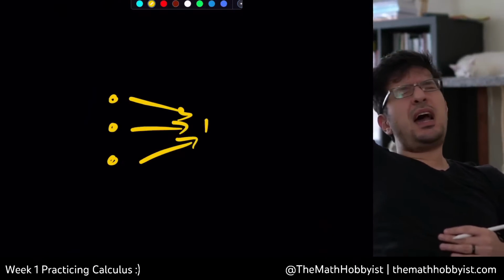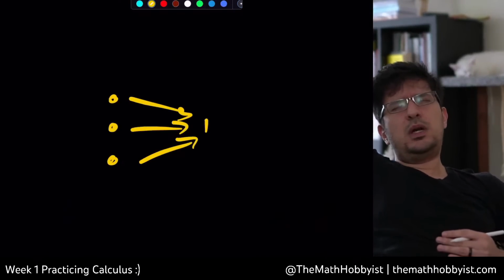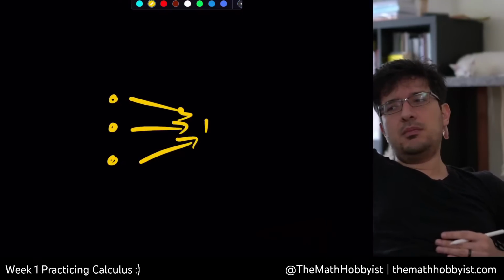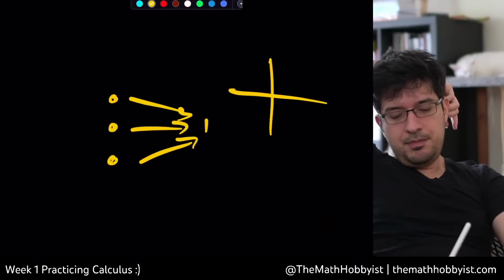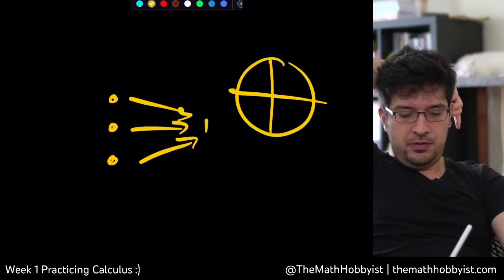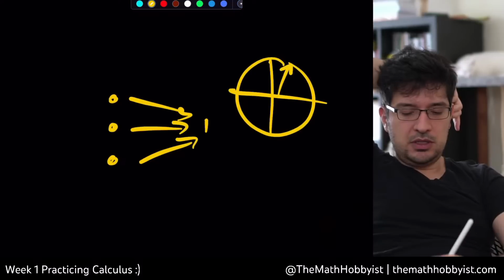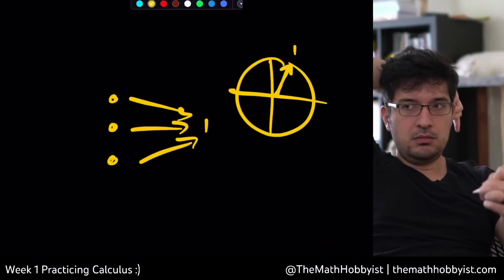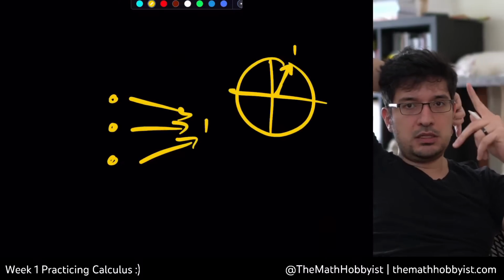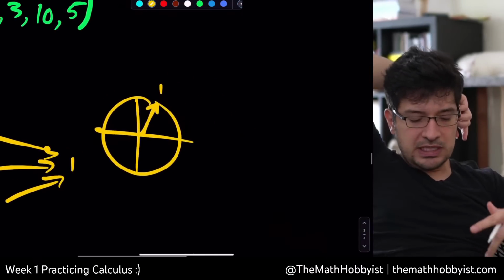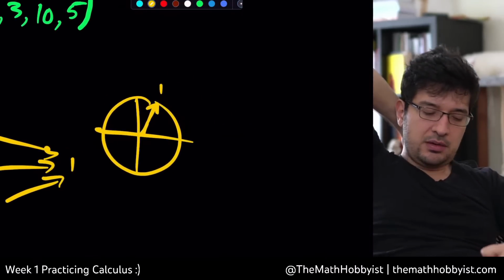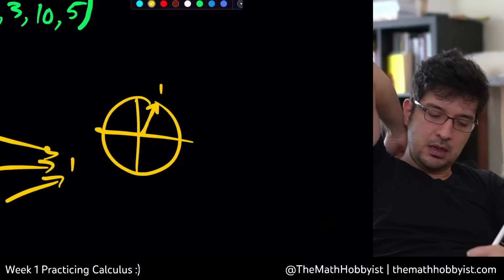There are 2 times in the day that it is 1 o'clock. There are many times in your life that your clock is pointing to the number 1. There's not just one time in your life. There are 2 times every day that the hour hand points to 1 o'clock.